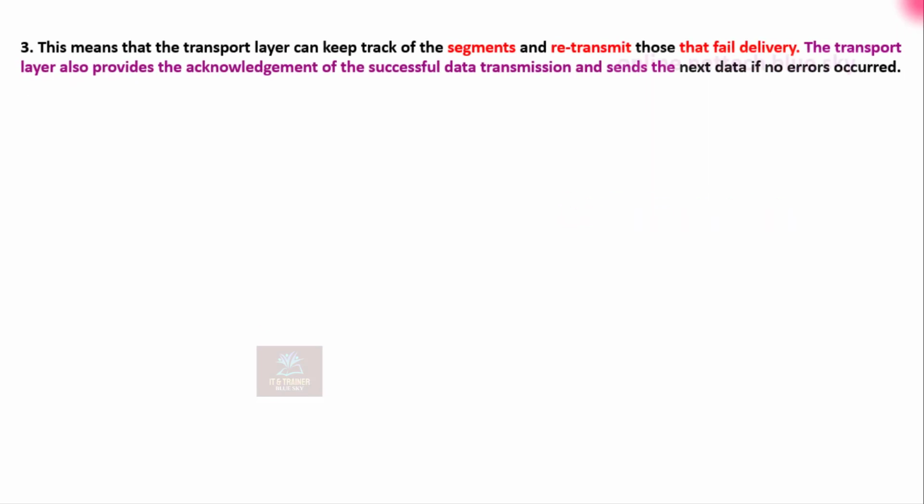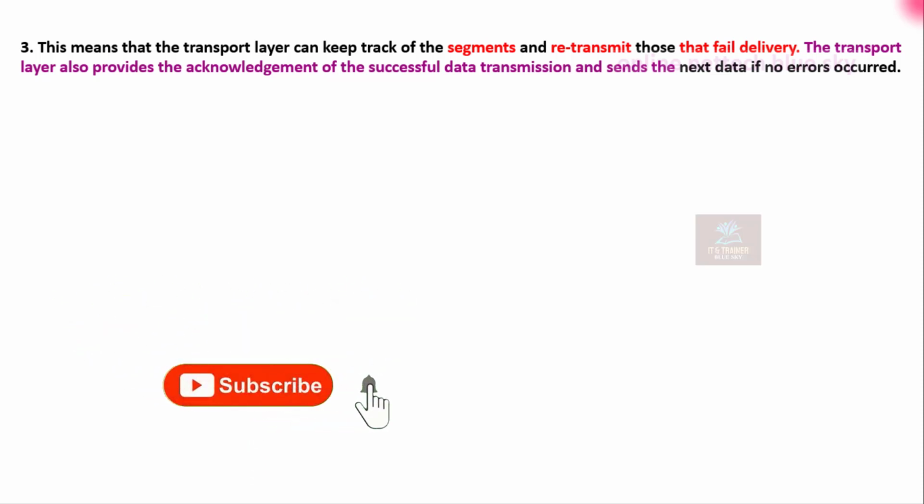I'll show you. This means that the transport layer can keep track of the segments and retransmit those that fail delivery.